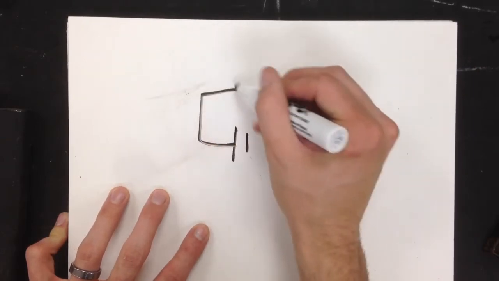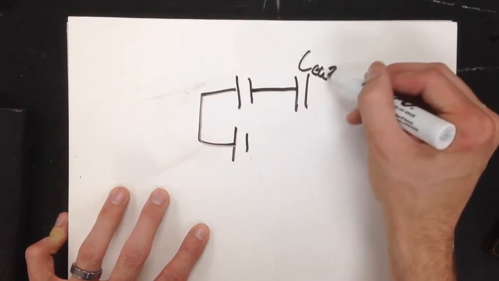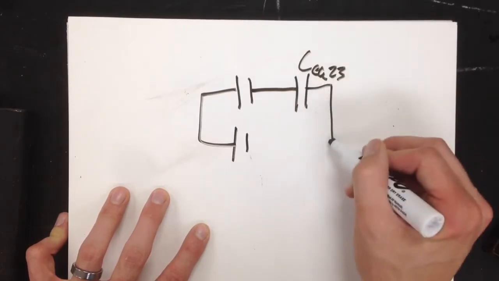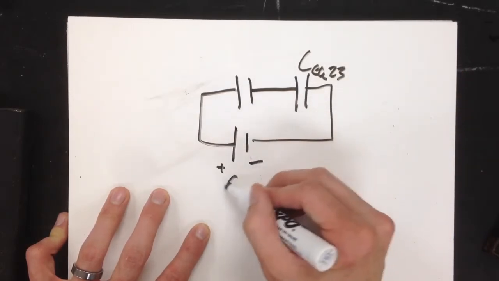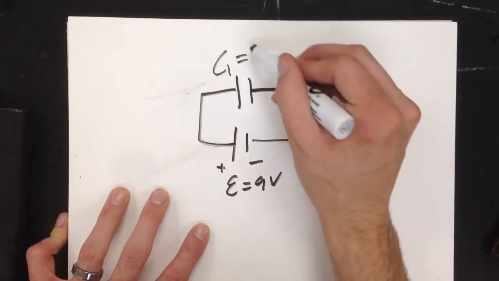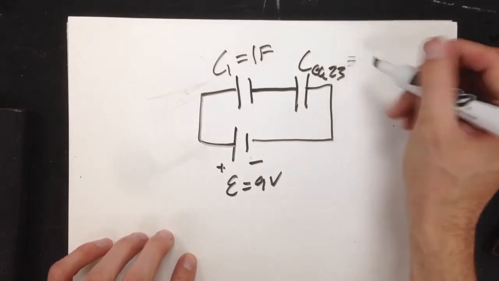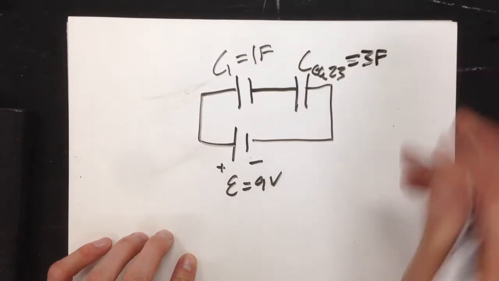So my C equivalent was C1 in series with C equivalent of 2 and 3. C1 had 1 farad, and C equivalent between 2 and 3 had a capacitance of 3 farads.